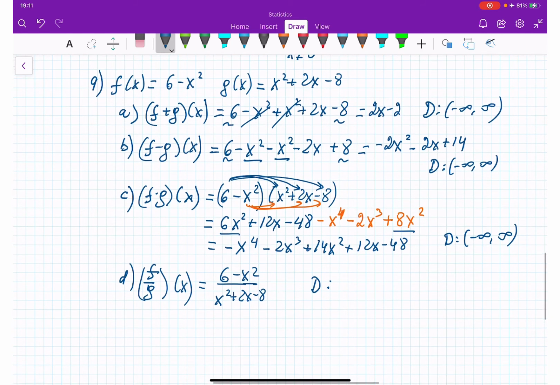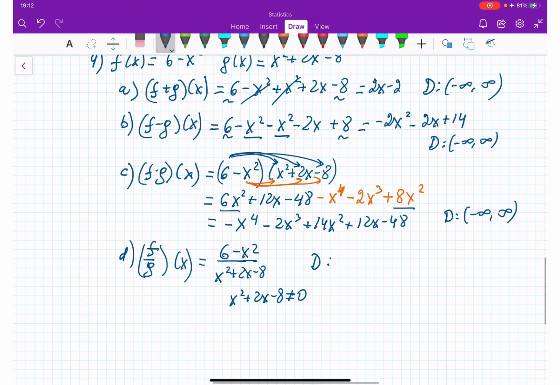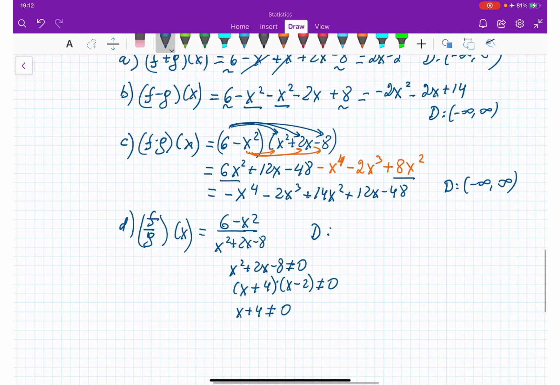well, let's see, x squared plus 2x minus 8 cannot be equal to 0, right? So from here, x plus 4 and x minus 2 cannot be equal to 0, which means either x plus 4 cannot be equal to 0 or x minus 2 cannot be equal to 0.